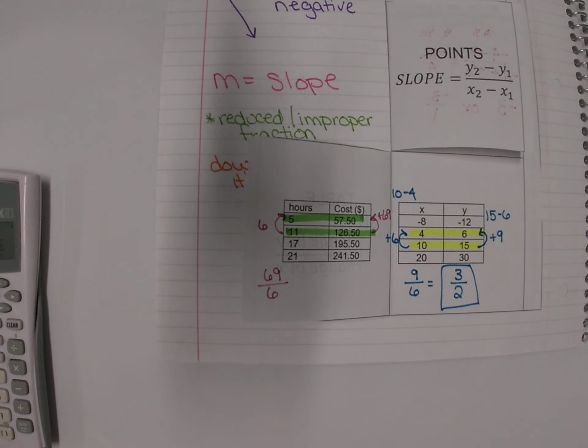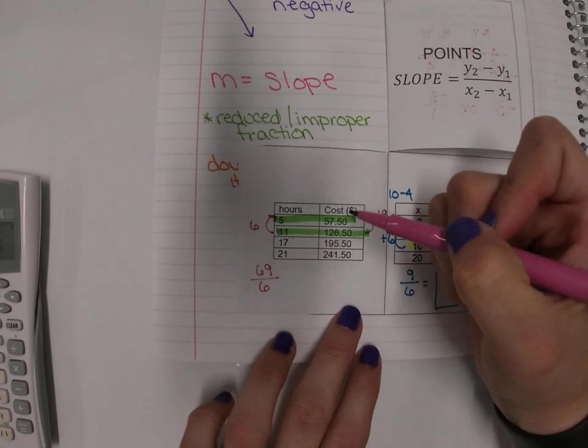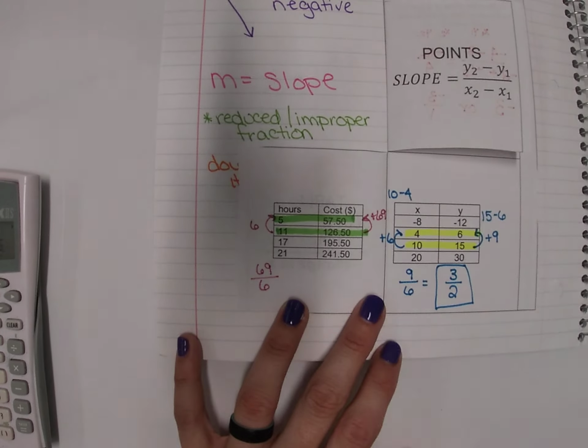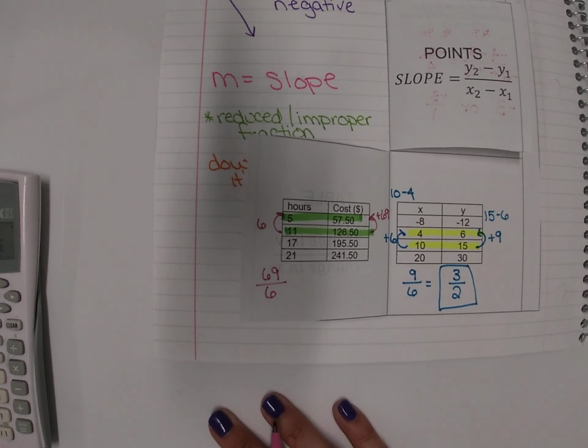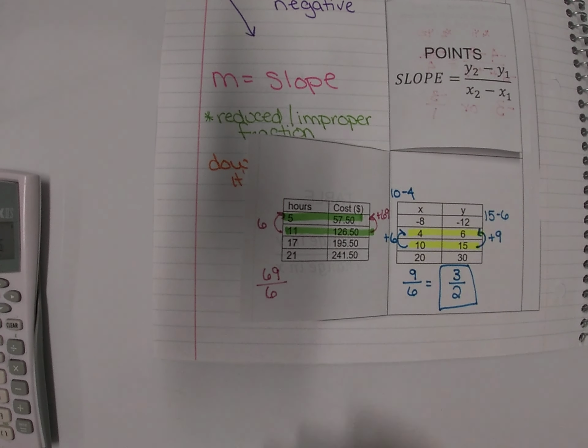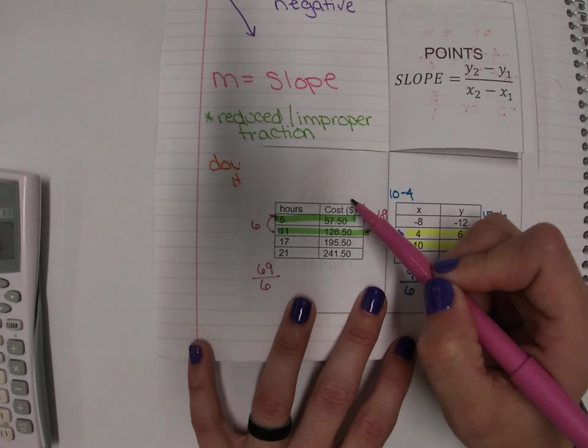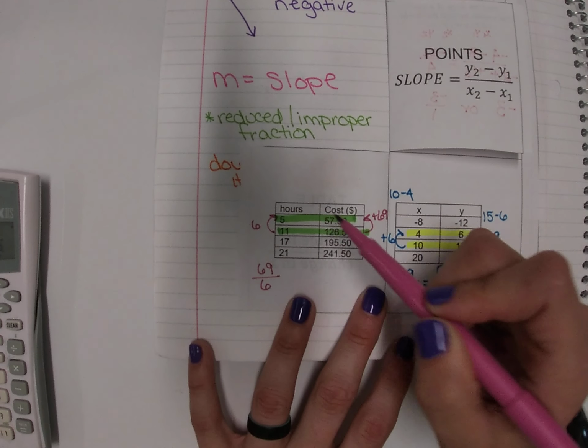Okay, but there's a certain point that we need to talk about what's reasonable given the problem. So this table is talking about cost and hours. And when we talk about slope, we can also talk about what that means in a given problem. Okay, so yes, it's the rise over the run. Yes, it's the y2 minus y1 over x2 minus x1, or the change in y over change in x. Okay, but in this particular thing, our label is y per x.